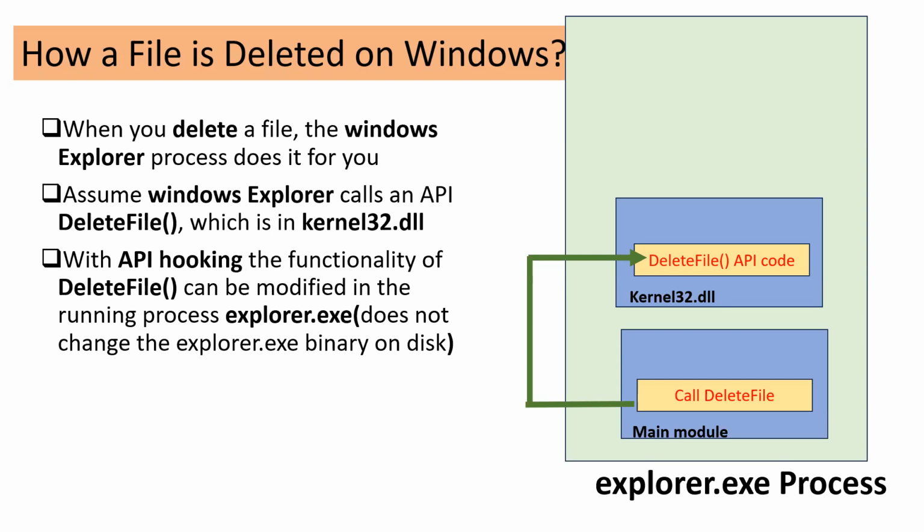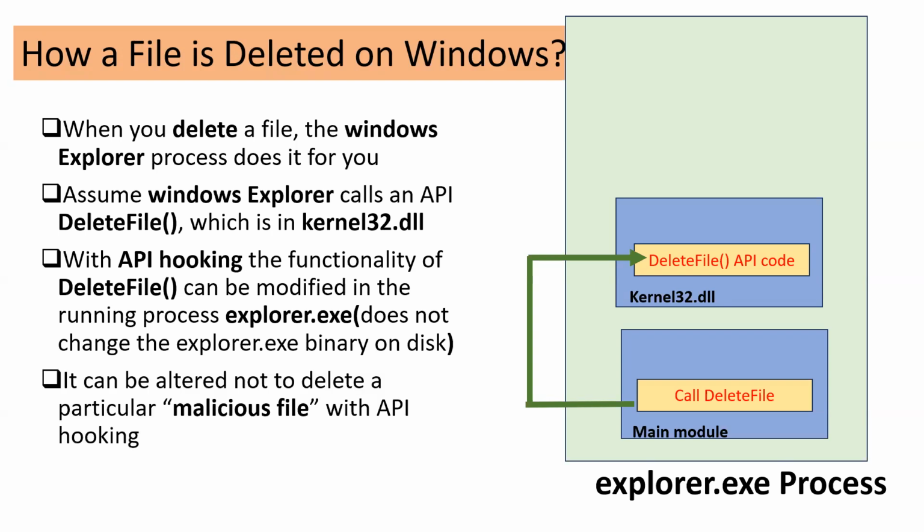With the help of API hooking, the functionality of DeleteFile can be modified in the running process explorer.exe in such a manner that it does not change anything in the explorer.exe binary. This functionality can be altered so that it would not delete certain malicious files, and this can be done with the help of API hooking.